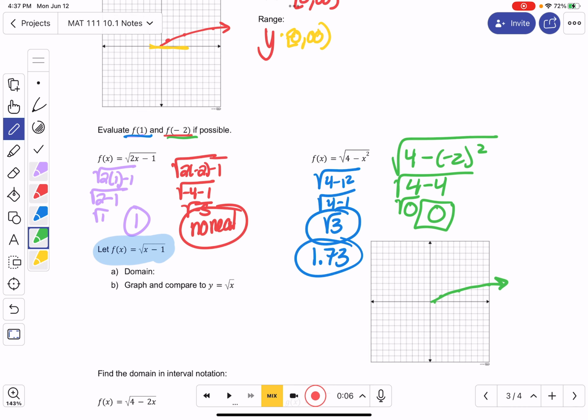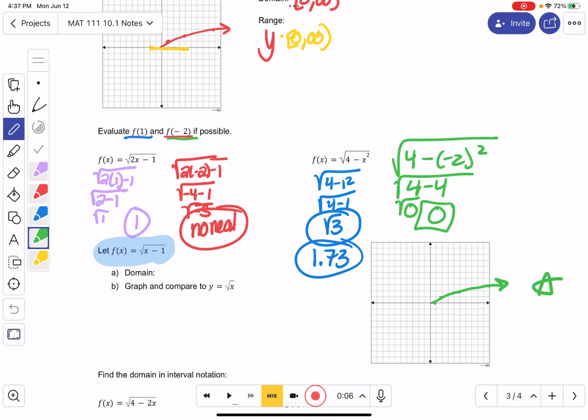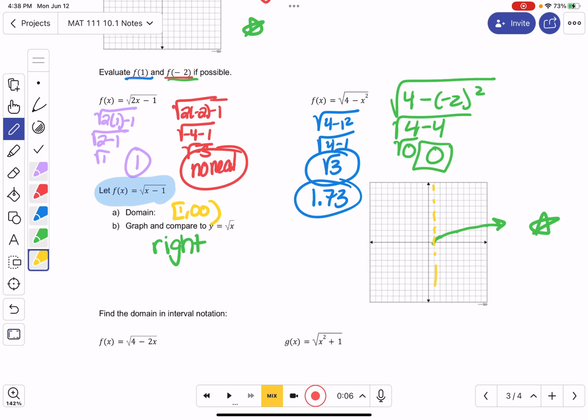So if we compare those two graphs, what's the difference between this green one and this red one? Well, had I not scribbled past the points that I drew, you would be able to notice that the green one moved right by 1, which means our domain now starts at 1, so it goes from 1 to infinity. It's just showing you that when you change something in the radical, it affects your x value on the graph.